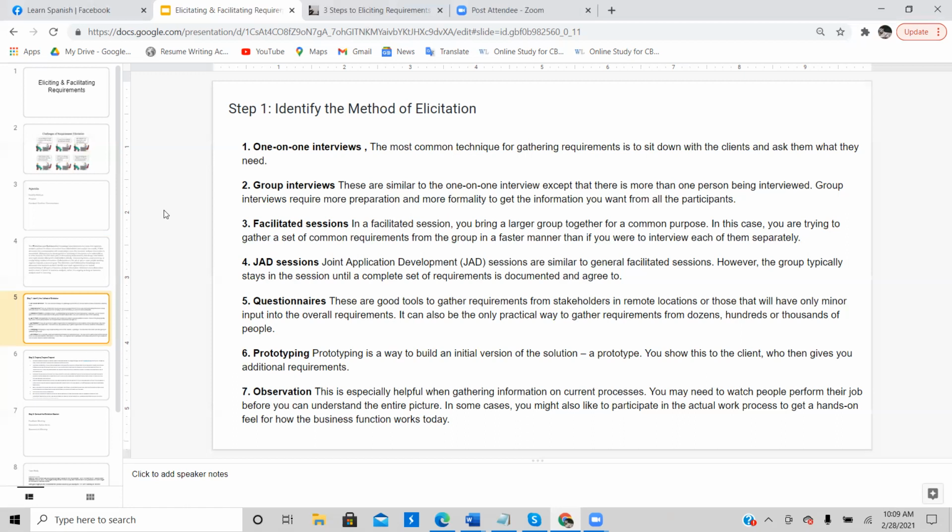JAD sessions. You may hear in a lot of interviews, what is a JAD session? JAD sessions are sessions where you have your developers, testers, and stakeholders all in one meeting, and you're documenting and understanding requirements.